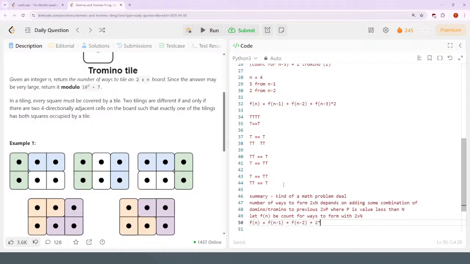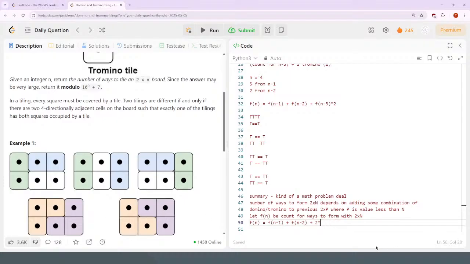Plus 2 times... it's not 2 times f of n minus 3, although you can think of it that way for the case where n is 3. In the case of n minus 3, n is 0, and there's one way of doing that, and you can add 2 Trominos to n equals 0.